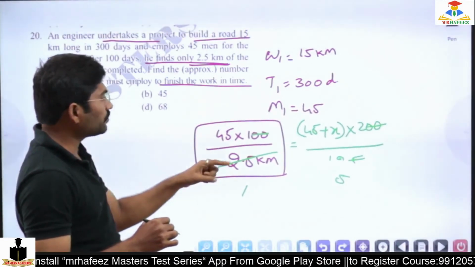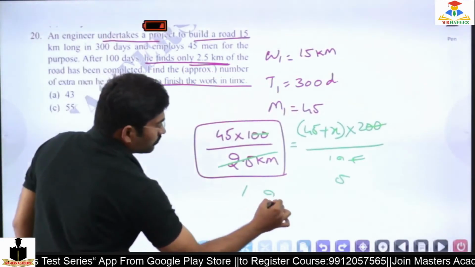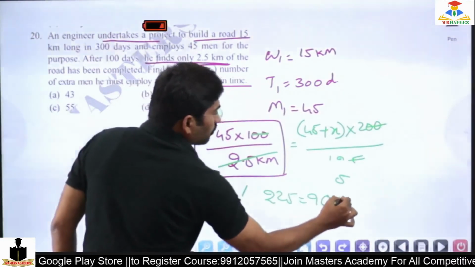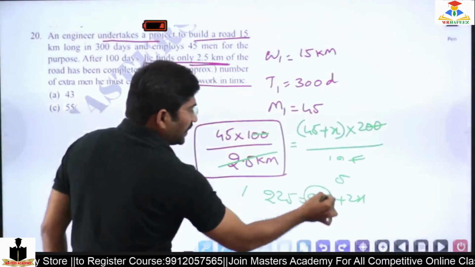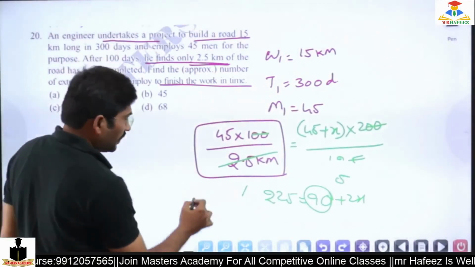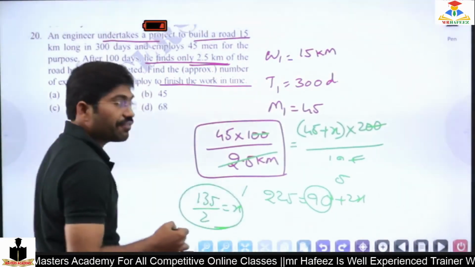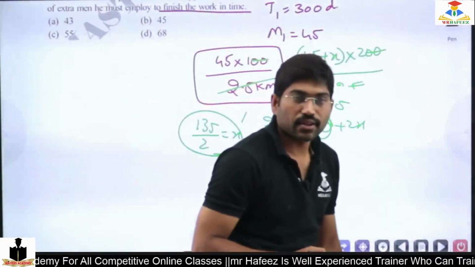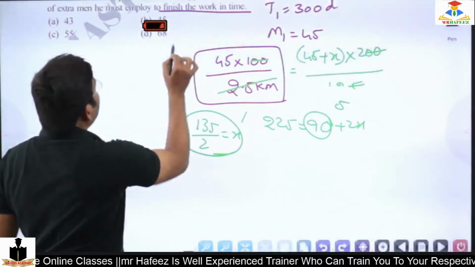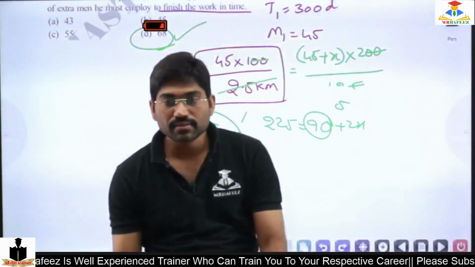Is that so? 225 equals 45 times 2 is 90 plus 2x. 225 minus 90 is 135. 135 by 2 is x. 135 half is approximately 68. So answer is 68.